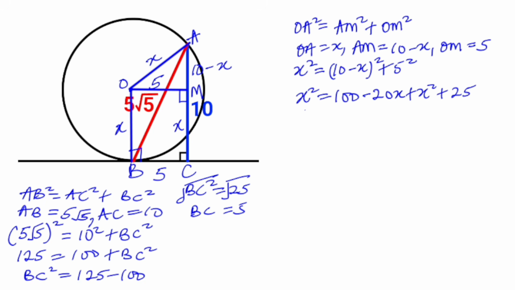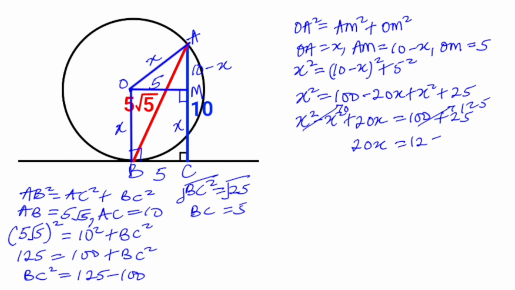Rearranging this will give us x squared minus x squared plus 20x is equal to 100 plus 25. x squared minus x squared is 0, and 100 plus 25 is 125. And we are left with 20x is equal to 125.